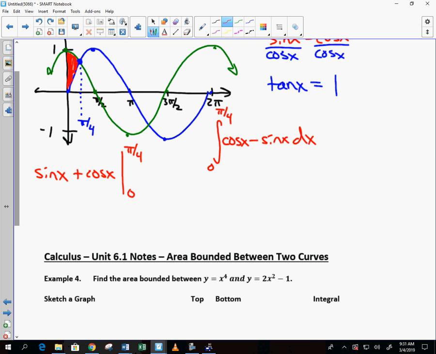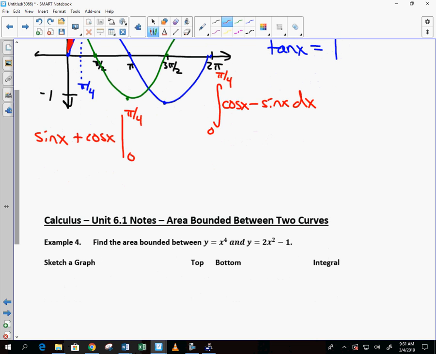Now, a lot of times we see that 0 and you just kind of disregard it, but that's not what we want to do here. Let's start with sine of pi over 4, sine of 45 degrees. Root 2 over 2. Cosine of pi over 4. Sine of 0.